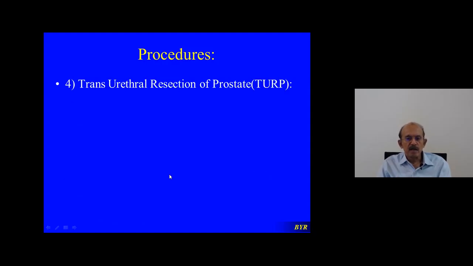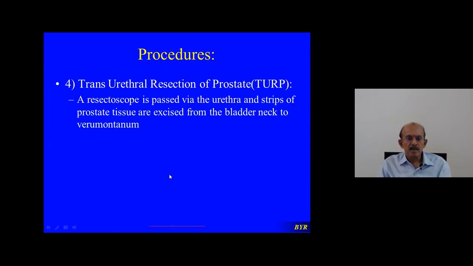Then the fourth one, the transurethral resection of the prostate gland. A resectoscope is passed via the urethra, and strips of prostate tissue are excised from the bladder neck to the verumontanum.